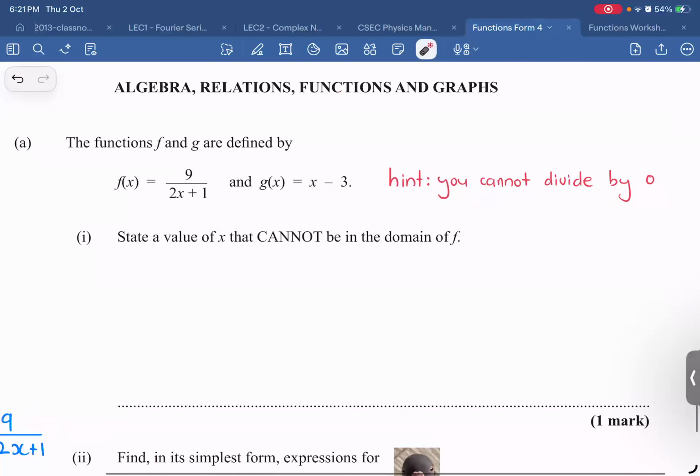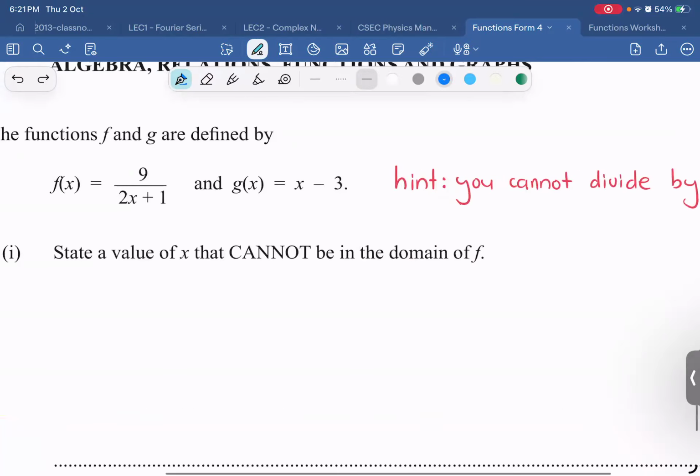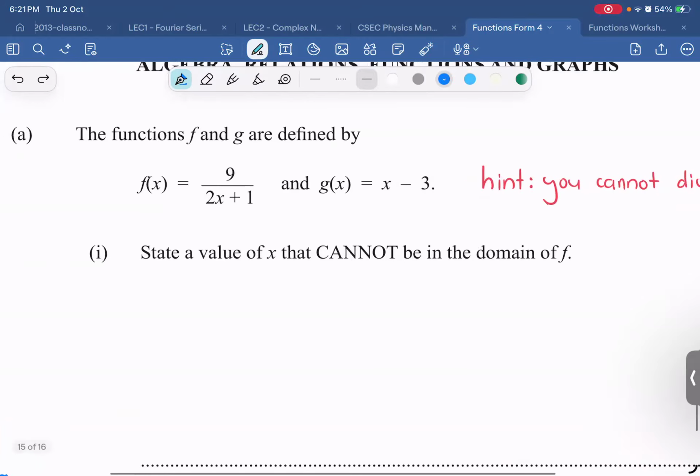All right, so let's go through part A. So Vanessa, you there? Yeah. Okay, so Vanessa, anytime they say state a value of x that cannot be in the domain, they're talking about the value that would make the denominator 0. Could you tell me what the denominator is in f of x? 2x plus 1.